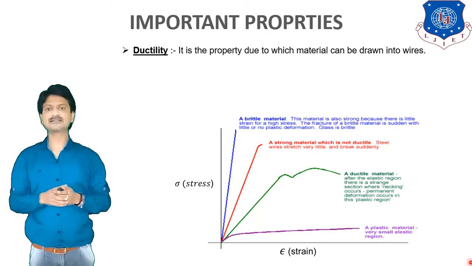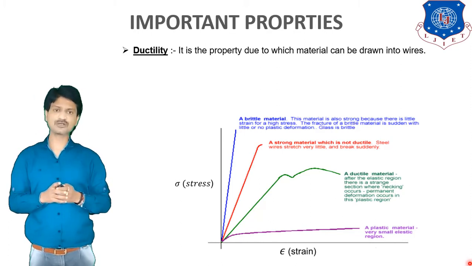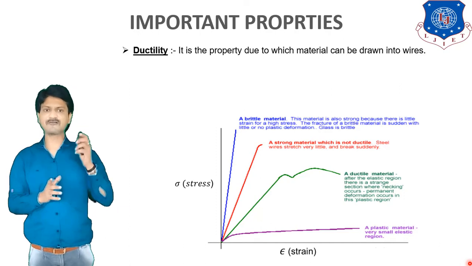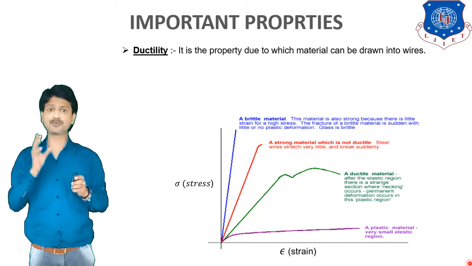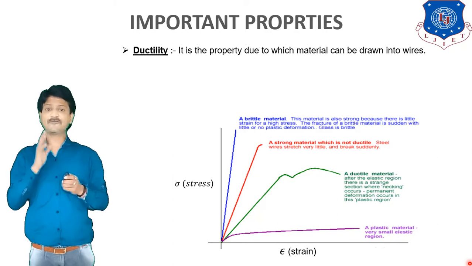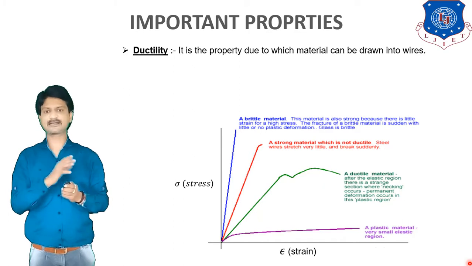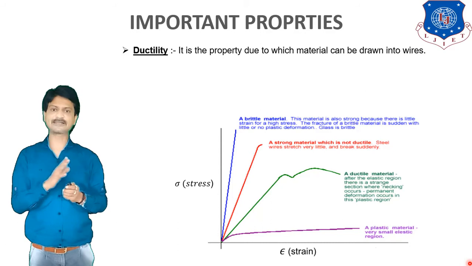So I repeat that statement. If a deforming force is applied on a material and it acquires a large permanent deformation without producing any fracture, then that material is said to be ductile, and this property is known as ductility.